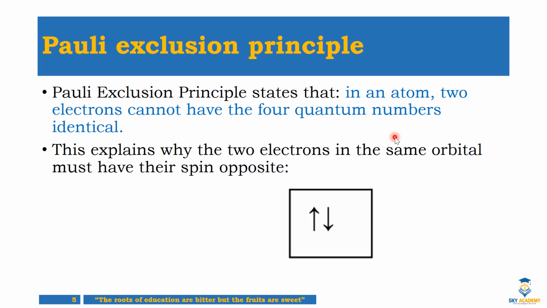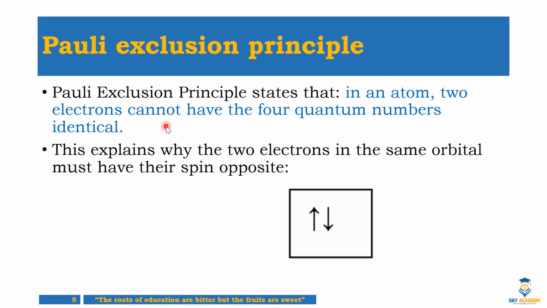What does it mean? We said that in an atom, two electrons cannot have four quantum numbers identical. In fact, what they want to say here is that you cannot have two electrons which are spinning in the same direction. For example, but before going to an example, there is another thing.